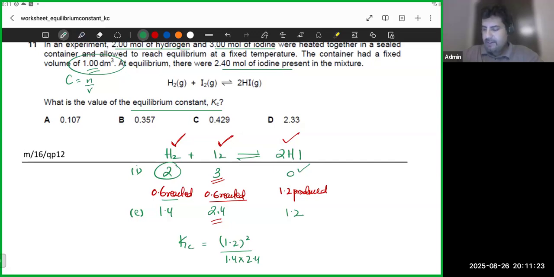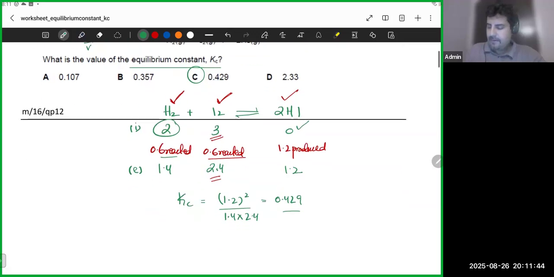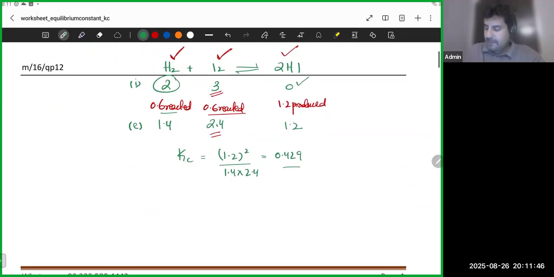And I'm going to divide that by 1.4, divided by 2.4. So I'm getting something that's exactly 0.429, which is C. So that is what you're going to get.